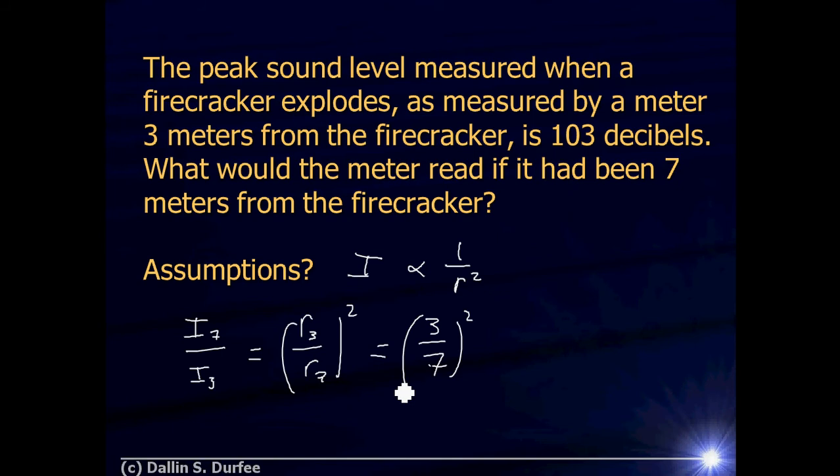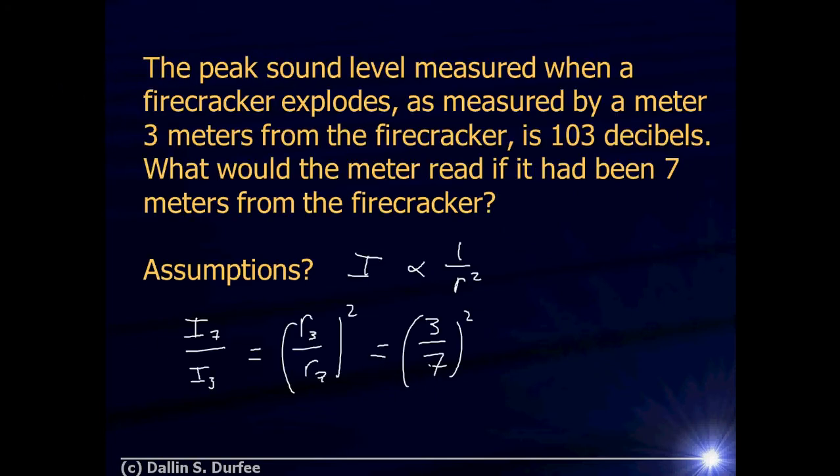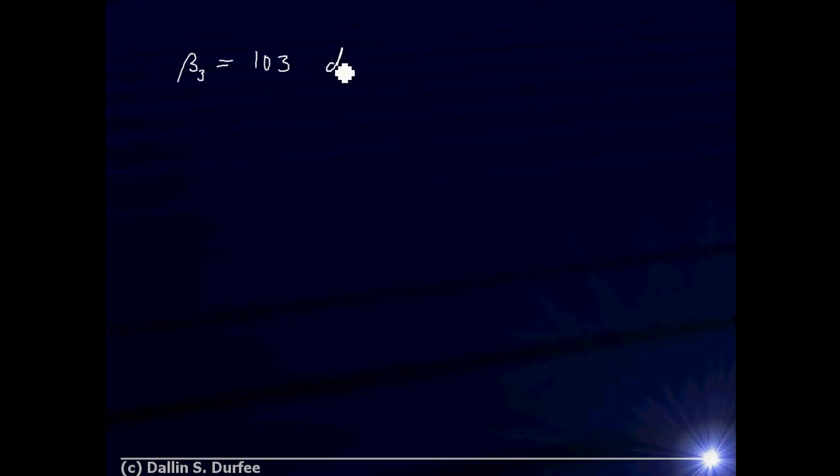So basically what we have is initially we have some level, 103 decibels. We call this beta at 3 meters is 103 dB. But that is equal to 10 times the log base 10 of the intensity 3 meters away over the threshold of hearing.